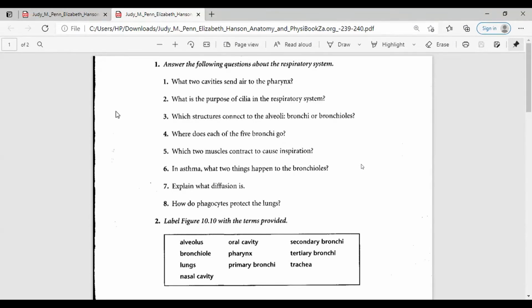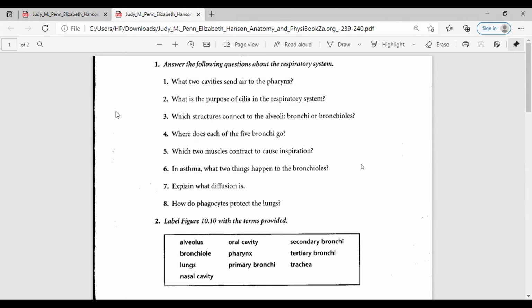Number 4, Châu Văn Hiền Nhân. Yes, teacher. Question number 4 for you. Where does each of the 5 bronchi go? The next step, bronchi will go to the bronchioles.